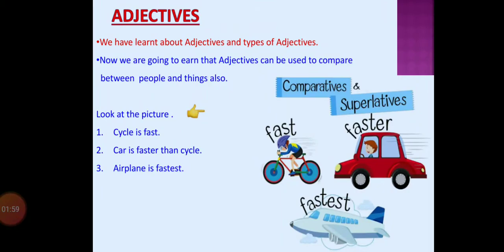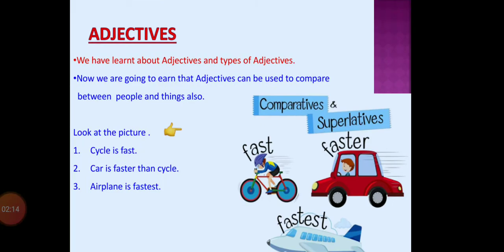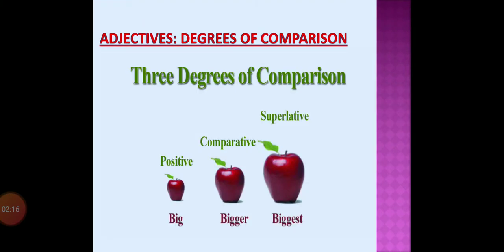So we are going to learn about the degrees of comparison, how we can use the adjective to compare between two nouns or more than two nouns. Our topic is degrees of comparison, and under that we are going to learn about three degrees: positive degree, comparative degree and superlative degree.